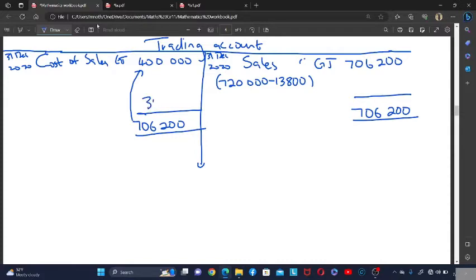It is big by 306,200. Where do we transfer this to? We transfer this to the profit and loss account, which is what we are going to do next.